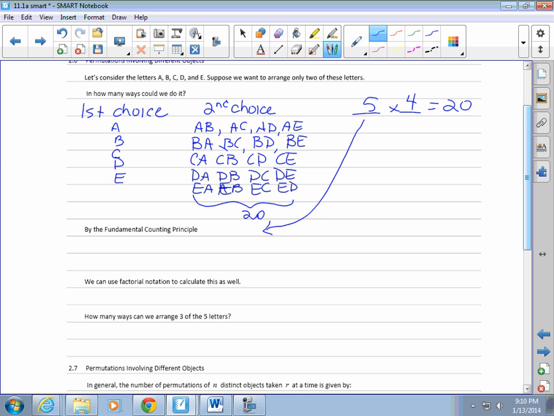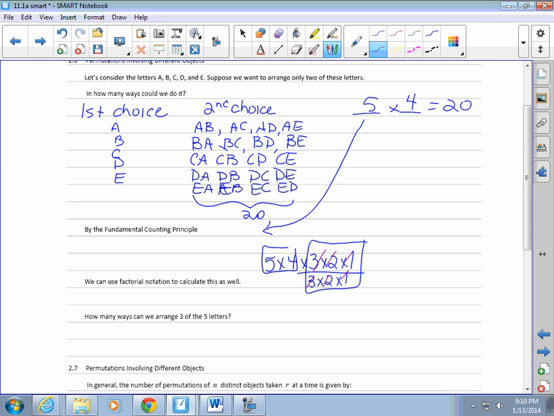So what happened here is I had 5 times 4 times 3 times 2 times 1. But I was only left with a 5 times 4. So that means that I would have had to divide by 3 times 2 times 1. Because these then would have canceled each other.